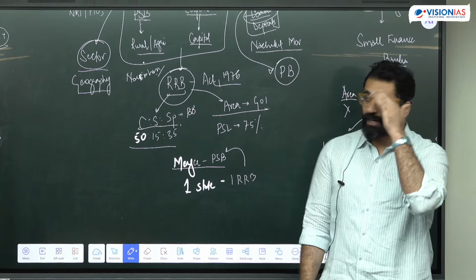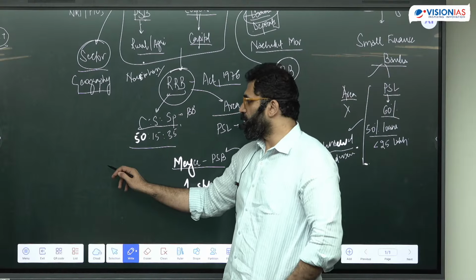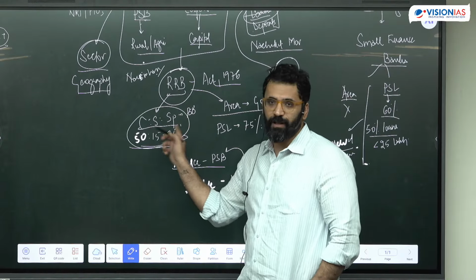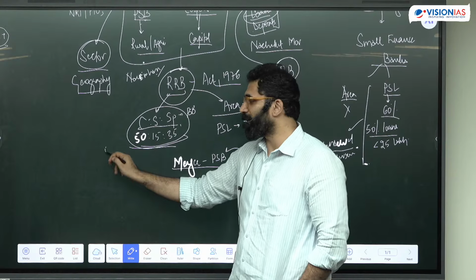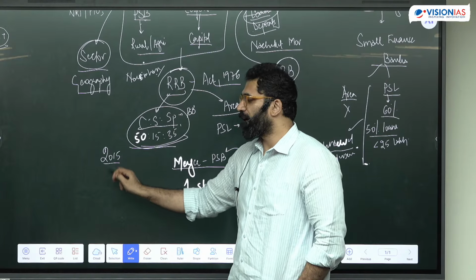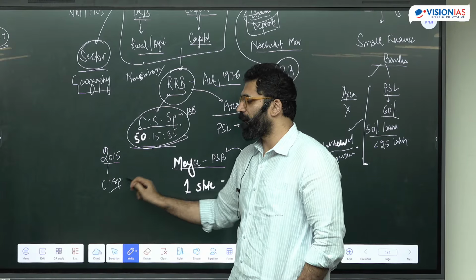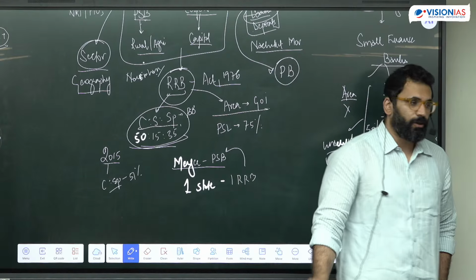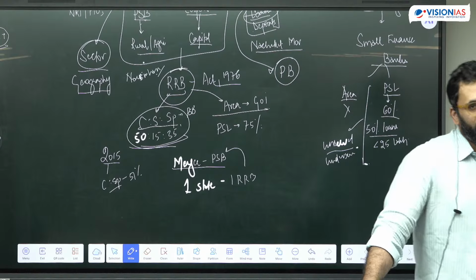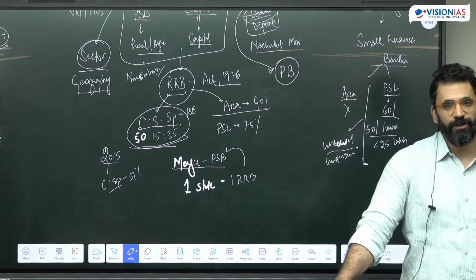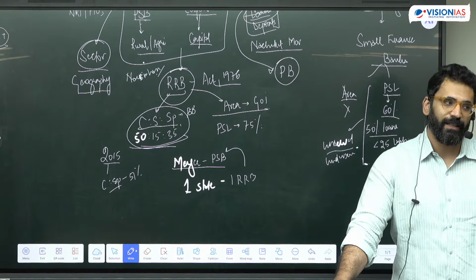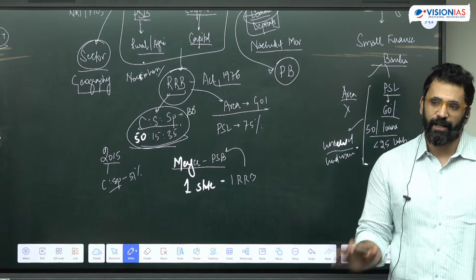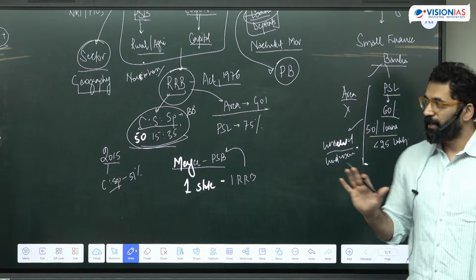Another change they made: the act was amended in 2015, and the center and sponsor bank maximum have to have 51%, the rest you can raise from any other source. So the ownership pattern of the RRB was changed in order to let them generate sources other than the sponsor bank and the center. The sponsor bank in this case is again the public sector bank only.